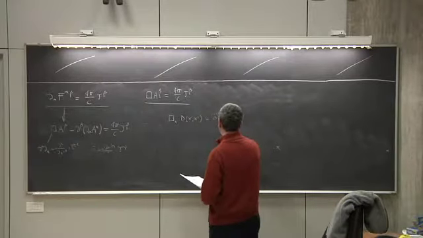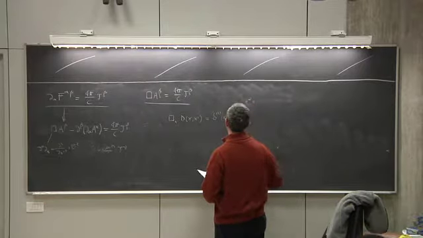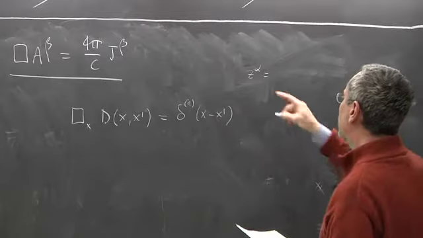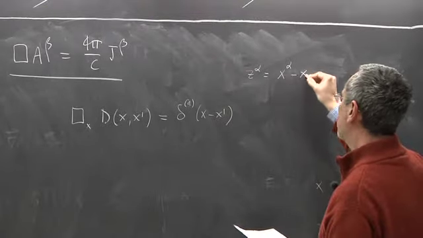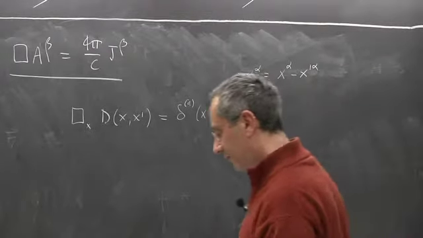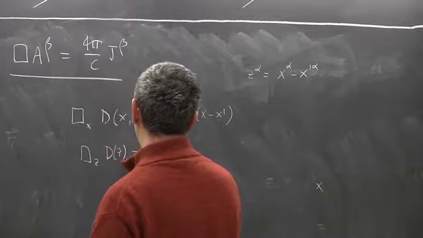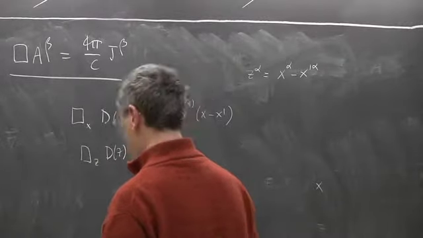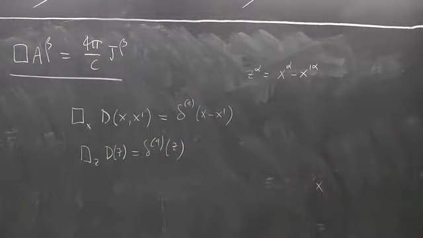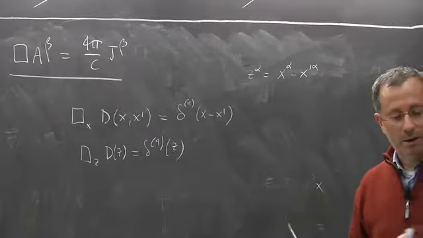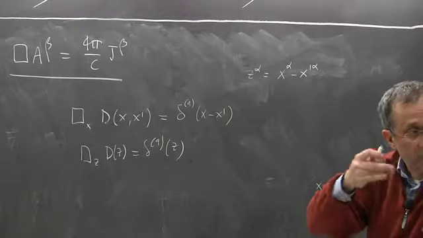In fact, you see that it can only depend on this difference, so you may as well introduce the space-time coordinate z alpha to be this difference here. So that saves us some work. That means I can write this as d4z. Now, if I do the Fourier transform, you remember, or maybe not, well, I hope you still remember, we did the Fourier transform of this, but we did it in 3 dimensions, right?